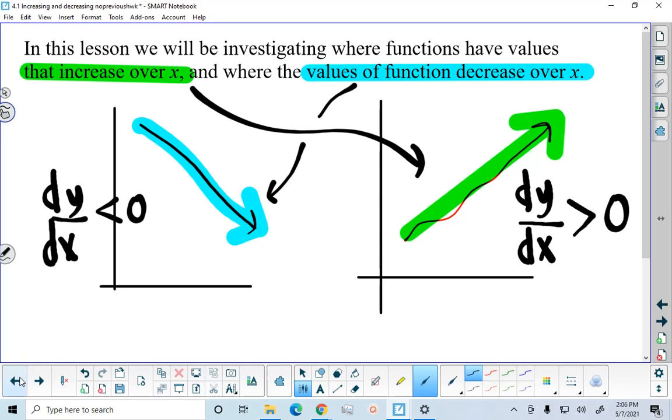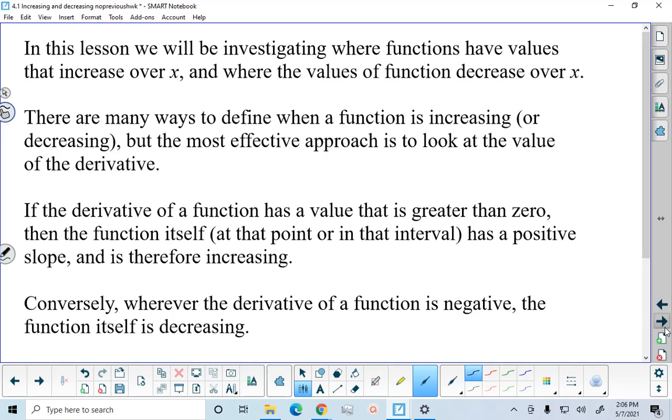So what you're doing is you're equating, I'll go back to the notes, a positive slope with a positive derivative with a function that increases over x, and a negative slope with a negative derivative, and that means the function is decreasing over x.